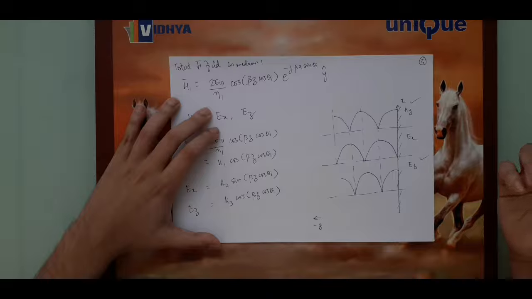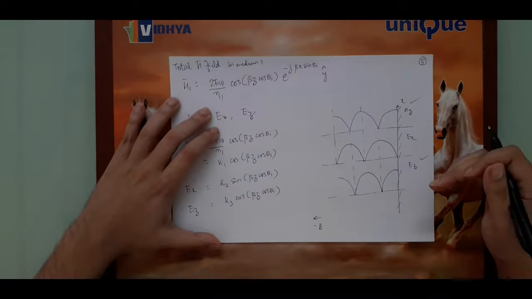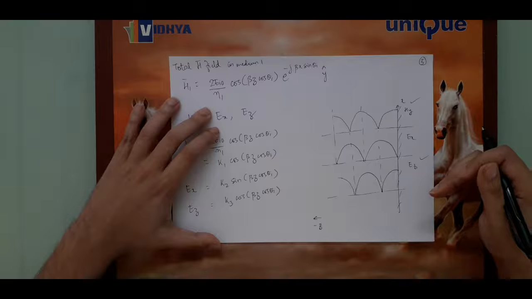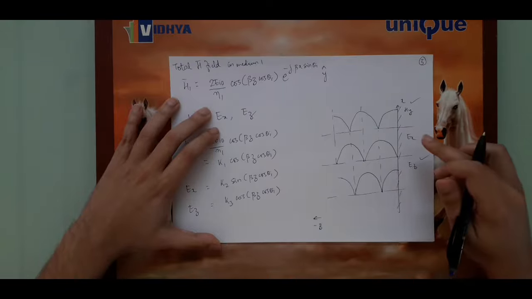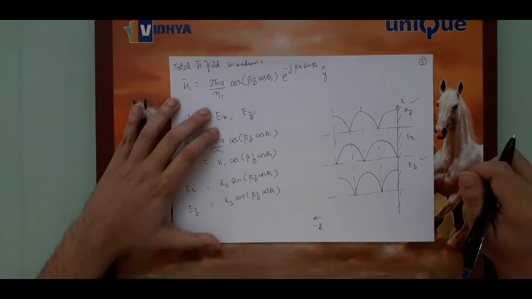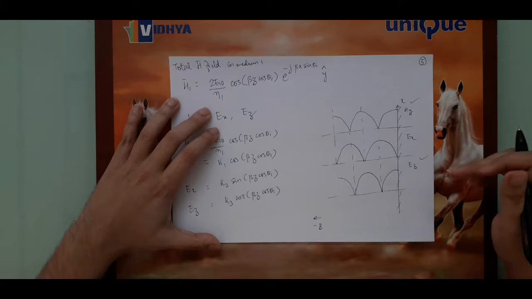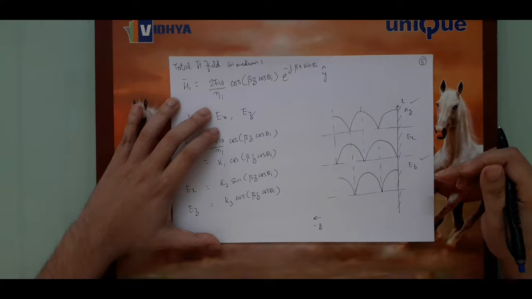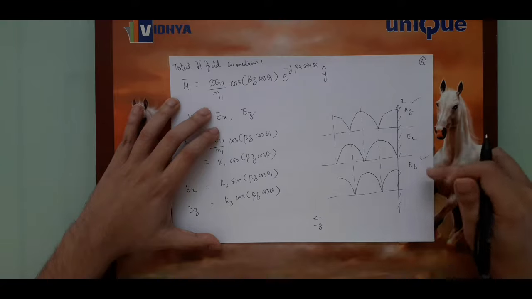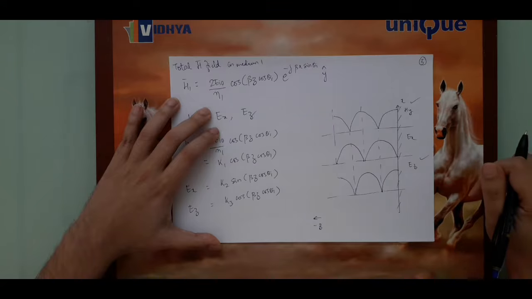Then what can we say? Which component can cause some surface charges or surface current? So the Ez component exists along the z direction.